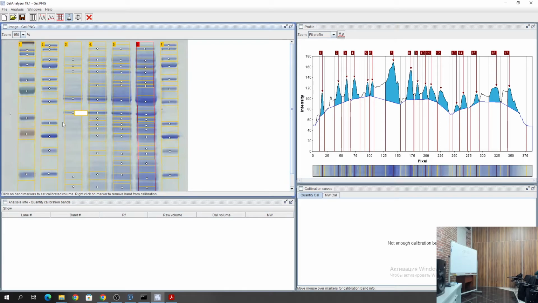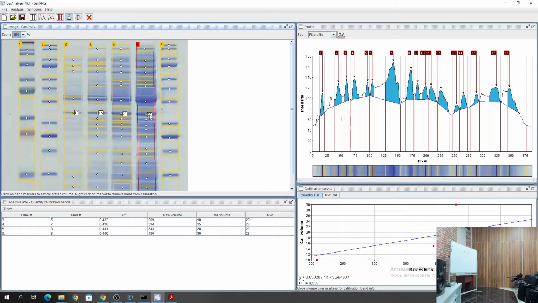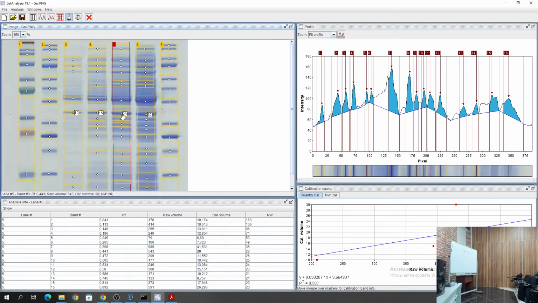I don't know what the quantity of the protein was, so it will be some ballpark, but let's say we have 10 microgram, let's say 20, let's say 30, for instance. What is nice is that it also tries to get some model for it, and of course it's not 20, it should be a little bit more, for instance. We can try to make it better.